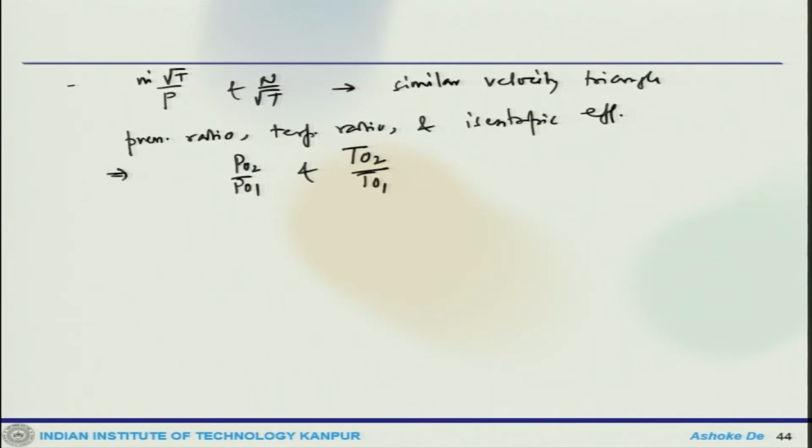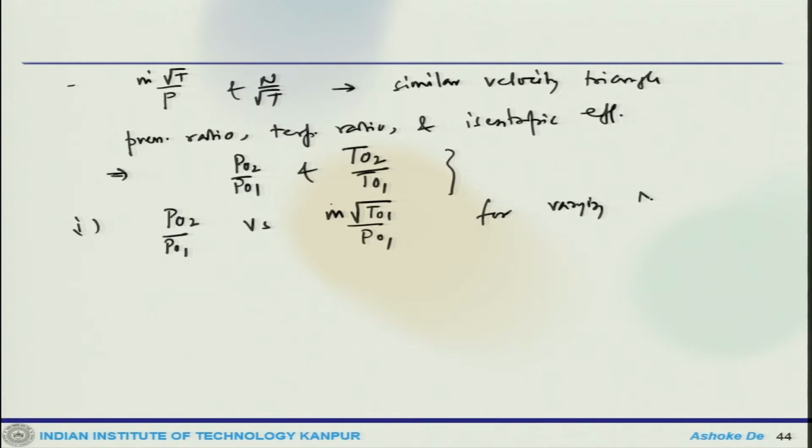Now, one can look at two plots. Number 1: P naught 2 by P naught 1 versus m dot root T naught 1 by P naught 1, for varying N by root T naught 1.